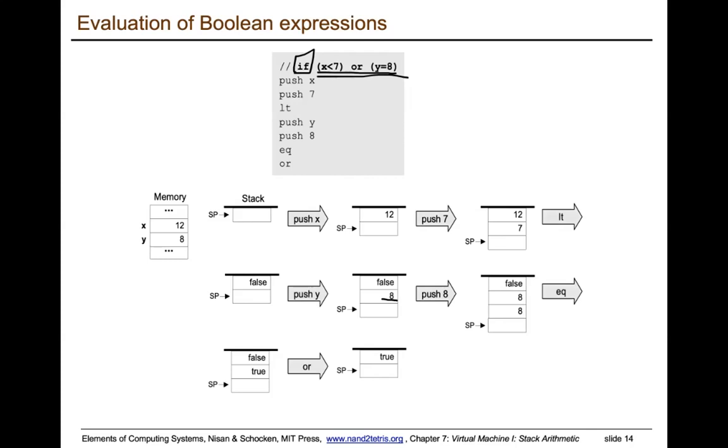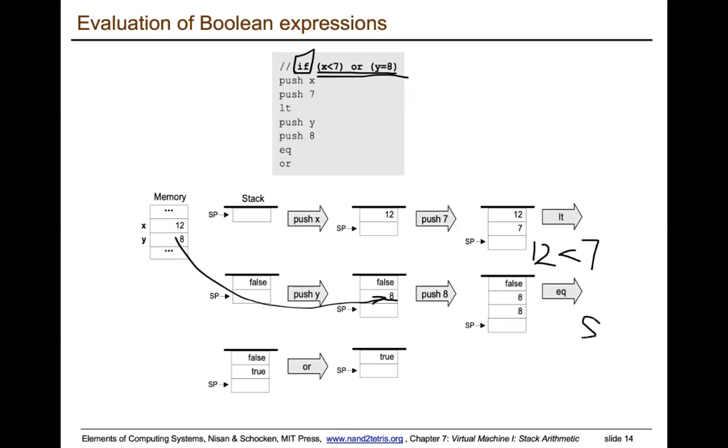Push X will get 12, push 7 will get 7. So you have compare less than, so it will compare: does 12 smaller than 7? The answer is false, so you put false into the stack. Then push Y, which is 8, so you have 8, and push 8, so equal.